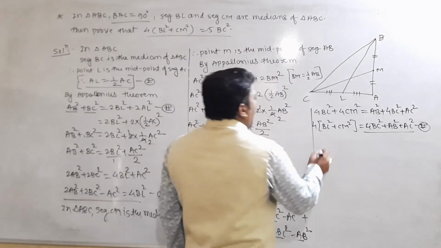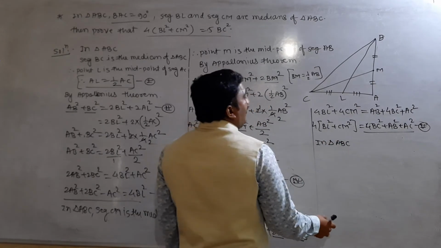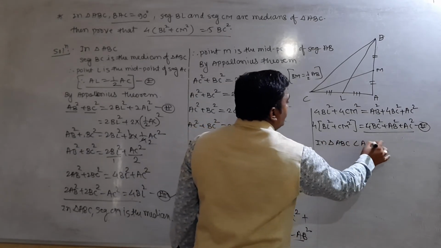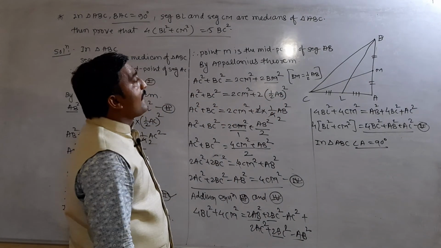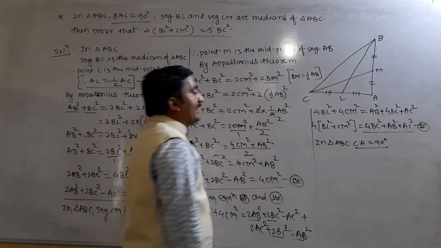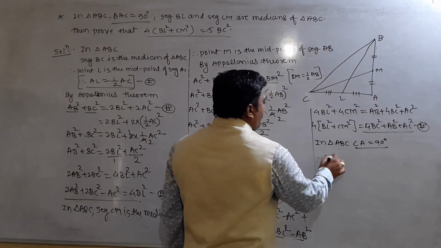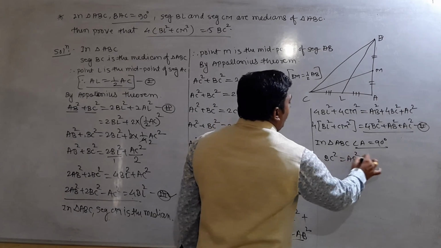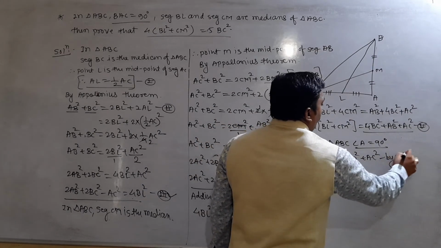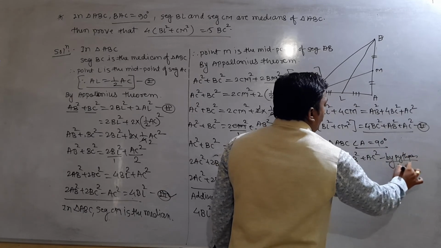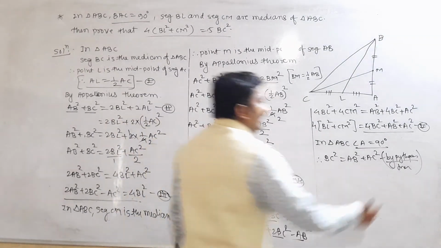And then in triangle ABC, angle A is equal to 90. So by Pythagoras theorem, BC square is equal to AB square plus AC square. This is equation 6th.